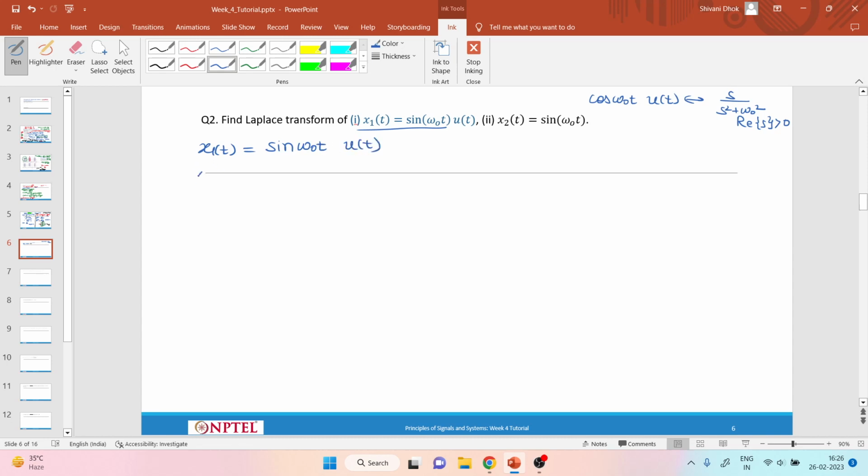Now let us use X1(s) is equal to the integral from minus infinity to infinity of sine omega naught t u of t into e power minus st dt. This I can write as, or rather I don't need this u of t.